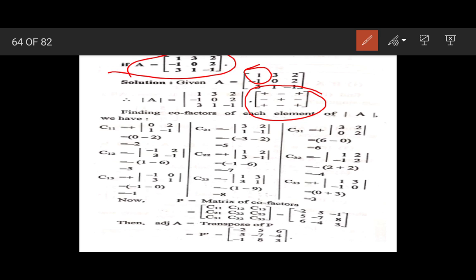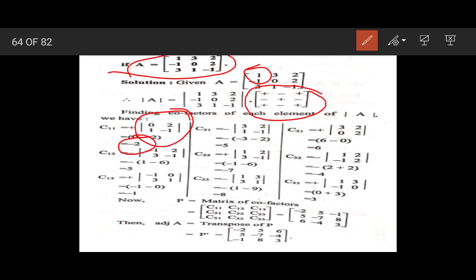Position of 1 means first row, first column. After deleting first row, first column, the remaining numbers are 0, 2, 1, minus 1. Take the determinant of these numbers. So the determinant is minus 2.